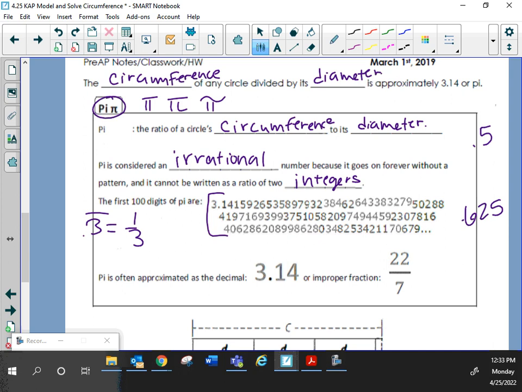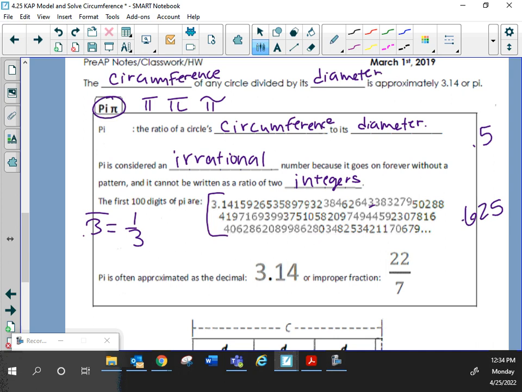There are really close numbers, but we technically cannot write it. The decimal doesn't repeat ever. Could I do bar notation on that? No, the remainder is always different, so it changes. So pi is irrational in that it can't be written as a terminating or a repeating decimal. It's a number that goes on forever.